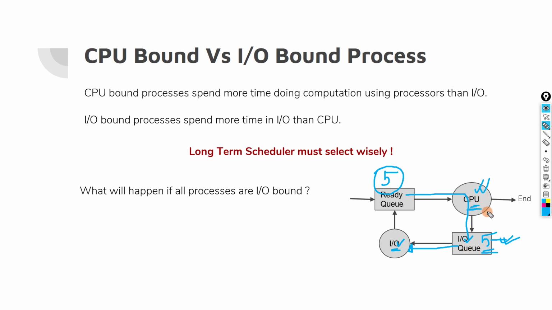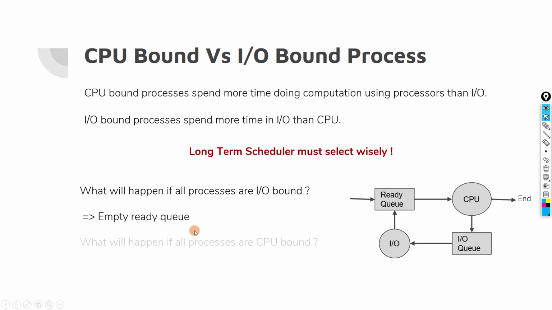The CPU will sit idle, because the CPU has nothing to do, right? So if all the processes are IO bound, then the CPU will be idle and the ready queue will be empty, because all the processes will be queued in this IO queue, not in the ready queue, right? Okay. So the result is an empty ready queue.